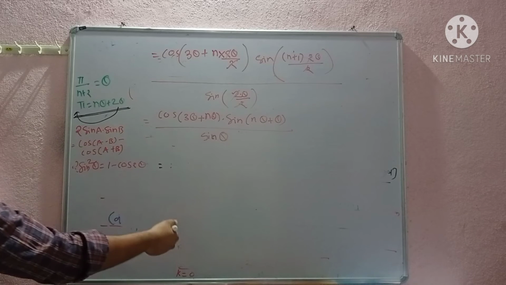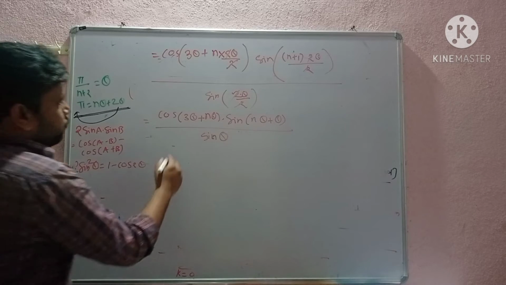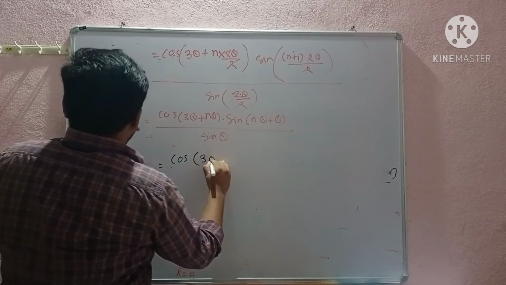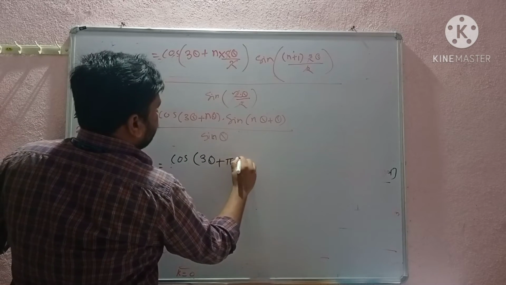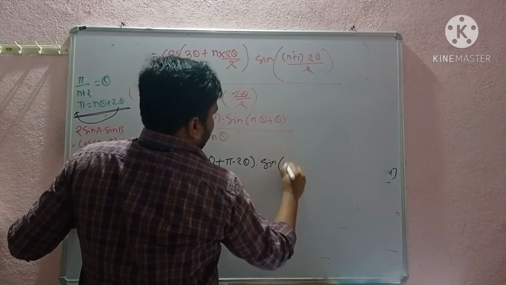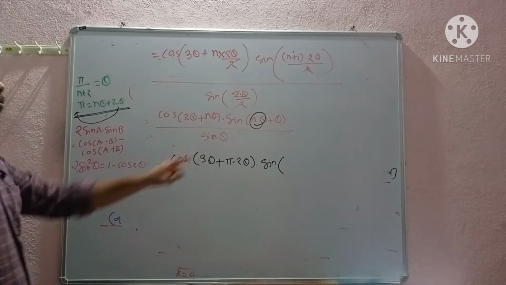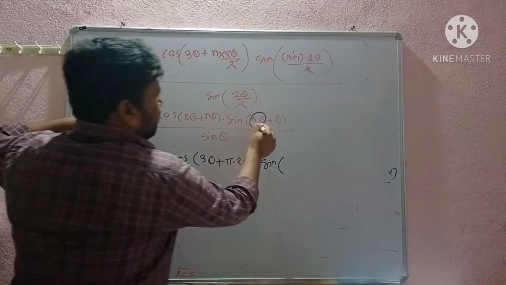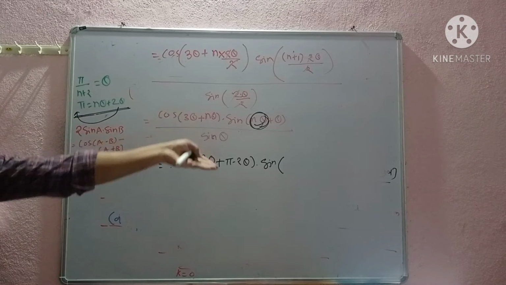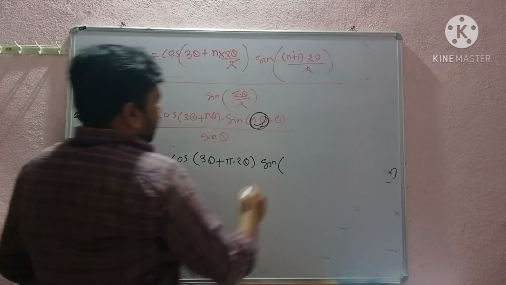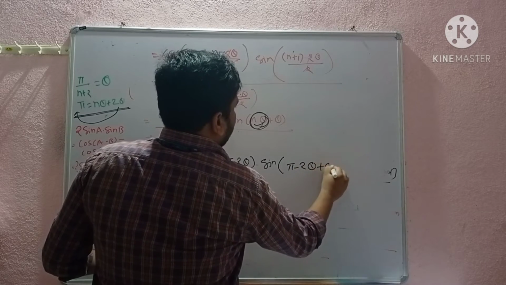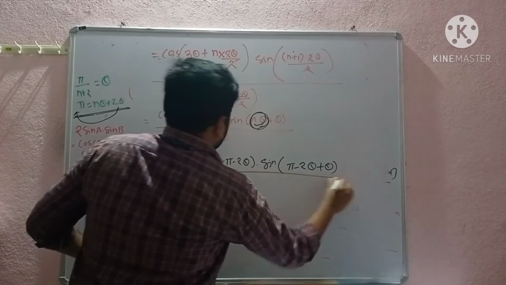So it is equal to cos of (theta plus pi minus 2 theta) into sine. Here also you have to put the n theta value: wherever n theta is written, write the same value. So we write pi minus 2 theta plus theta, divided by sine theta.